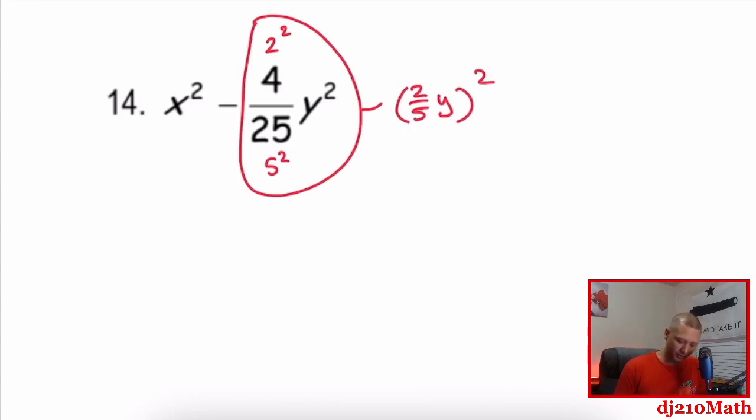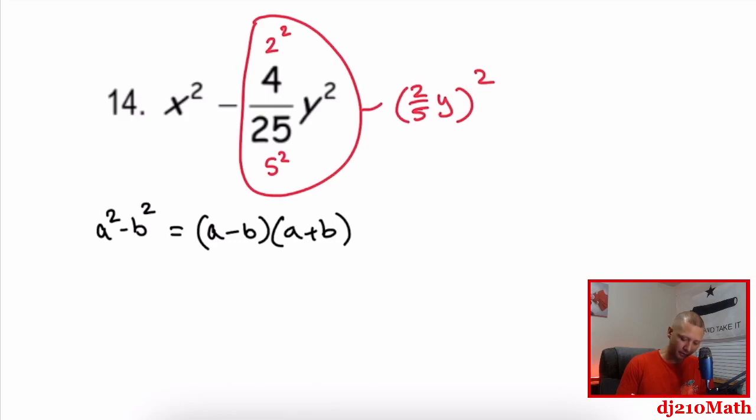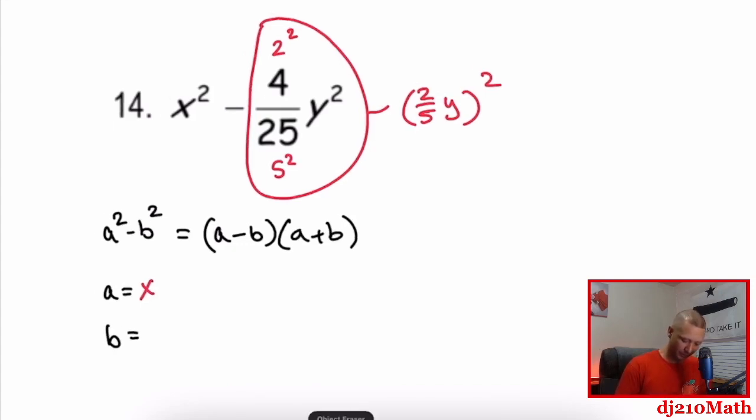And this is a difference of squares. Right here, look, I'll write it so you can see it. a squared minus b squared. This is really a minus b, a plus b. Question is, what's my a and what's b? So a is going to be x. b is going to be 2/5 y.